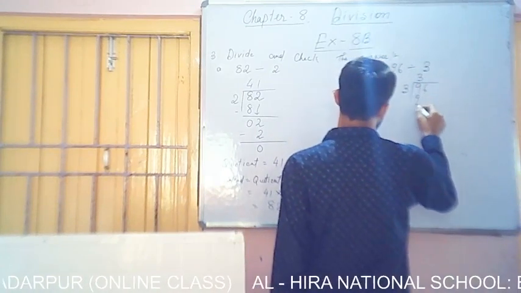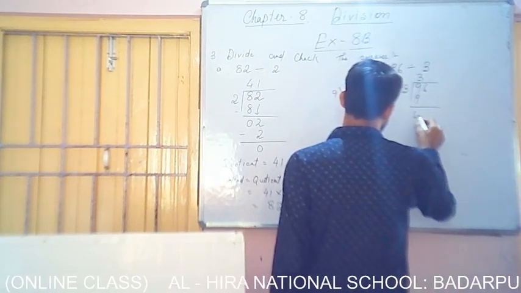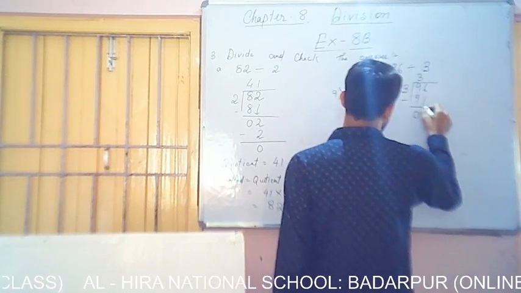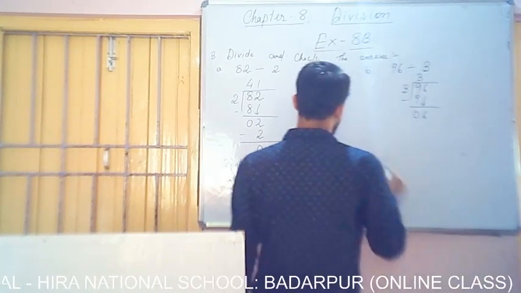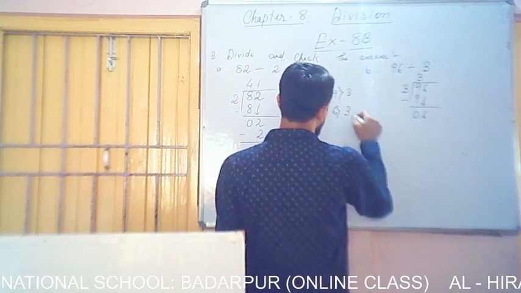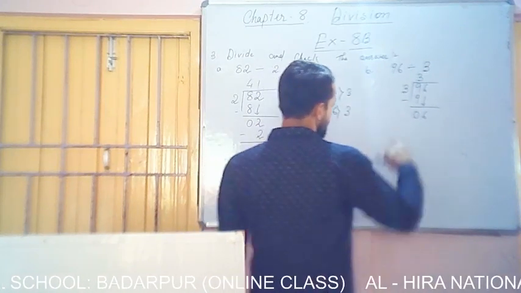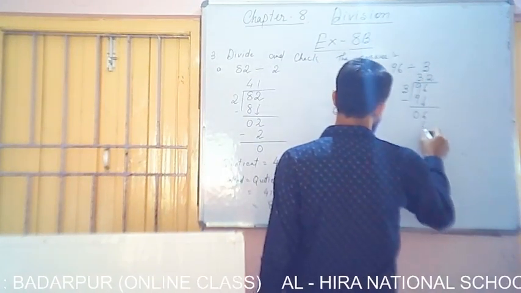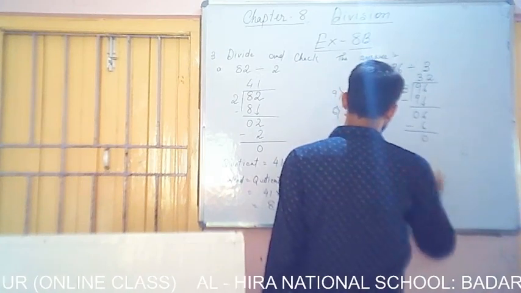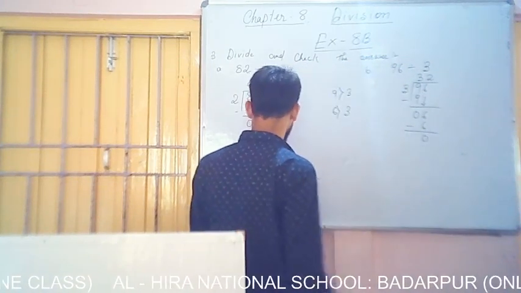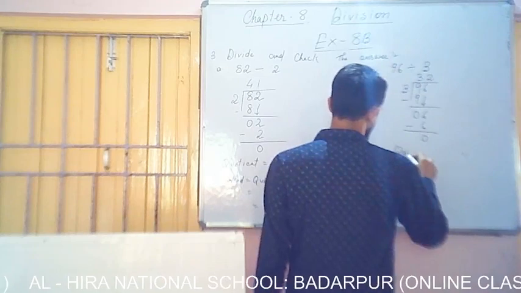So 3 3s are 9. 9 minus 9 equals 0. Now we have to bring down 6 ones. Again we can see that 6 is greater than the divisor, that is 3. So 3 2s are 6. So 6 minus 6 equals 0.